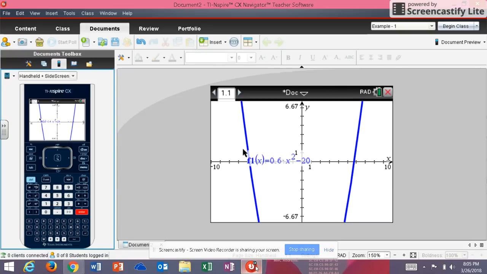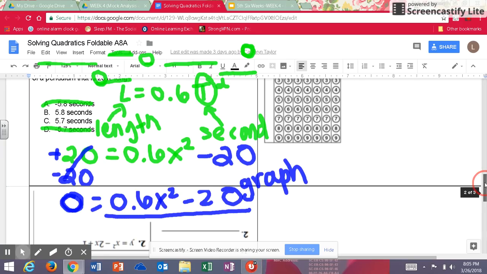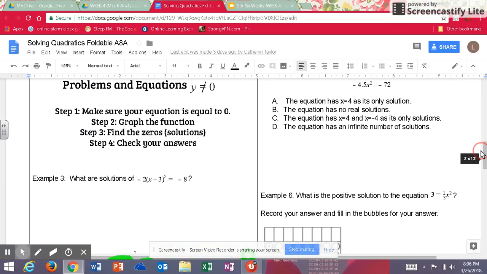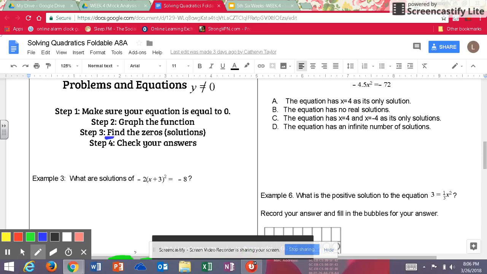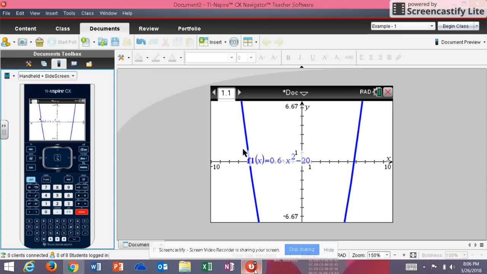Okay, and so if we go back again to our directions, what we've done is we've set it equal to 0. Now we've graphed the function. What we're going to do now is find the zeros. Okay, so if we're going to find our zeros, we're looking for these, right? They're our x-intercepts.